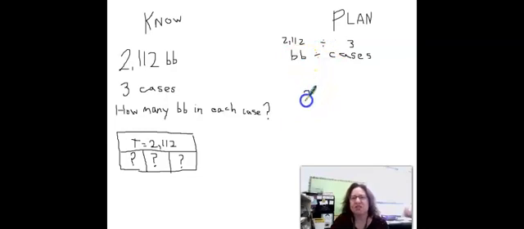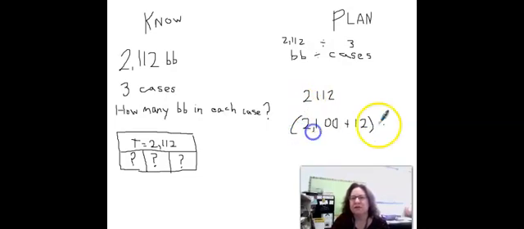Okay, I'm going to split this number up. The 2,112, I'm going to split this into 2,100 plus 12. And I'm going to be dividing each of those numbers by 3.